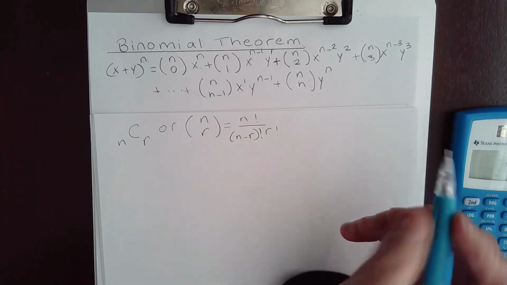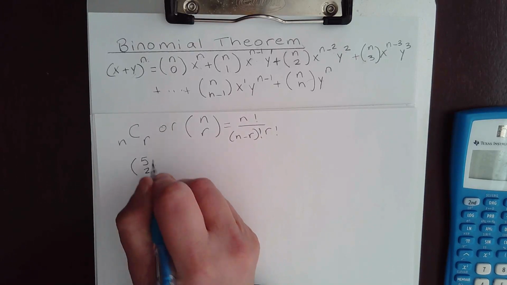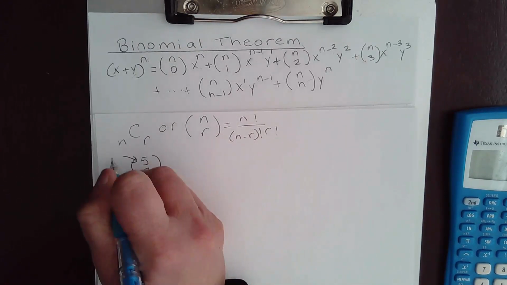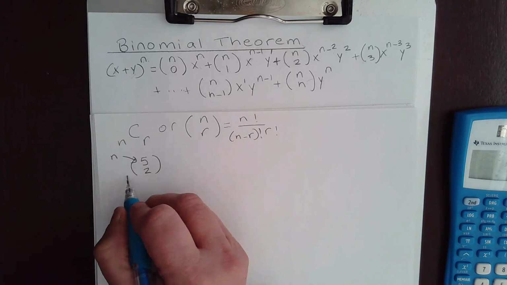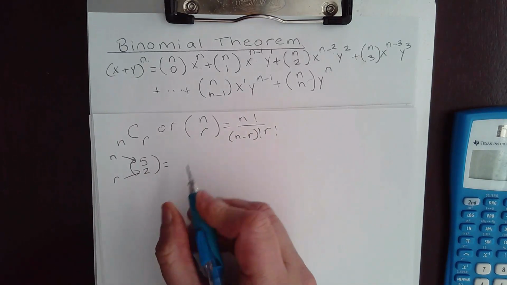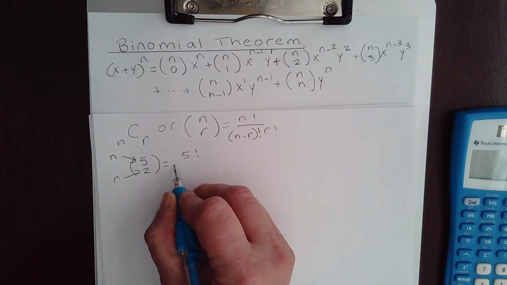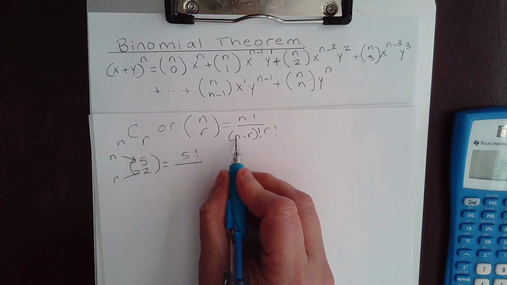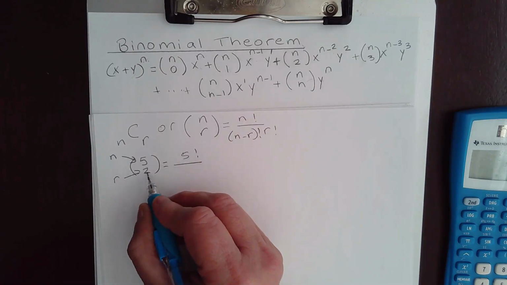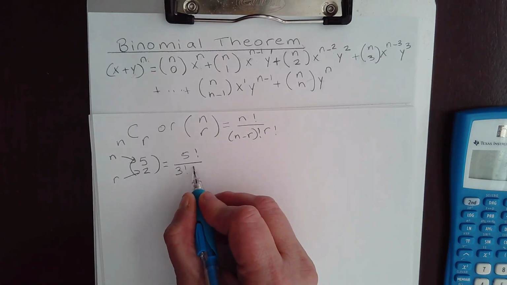So I'm going to briefly go over this to show you how that works. So 5 choose 2, this is what we have. The n is 5, and r is 2. So this is the way we calculate it. That becomes n factorial, that's 5 factorial, divided by n minus r, so 5 minus 2, that's 3 factorial, times r factorial, that's 2 factorial.